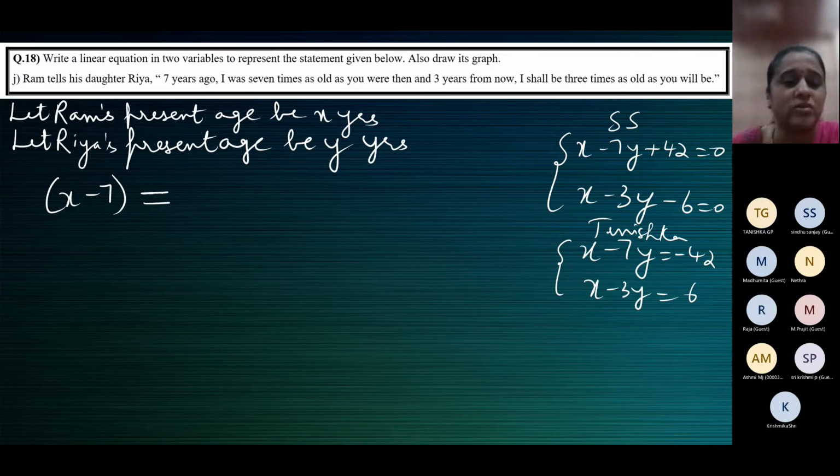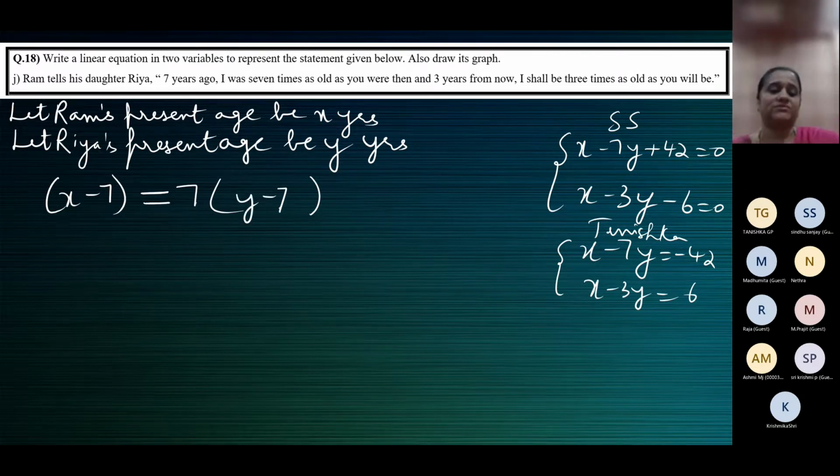Was means equal to 7 times. 7 times means 7 into something, 7 times as old as you were then. What would have been Ria's age at that time? Y minus 7. So 7 times Y minus 7.